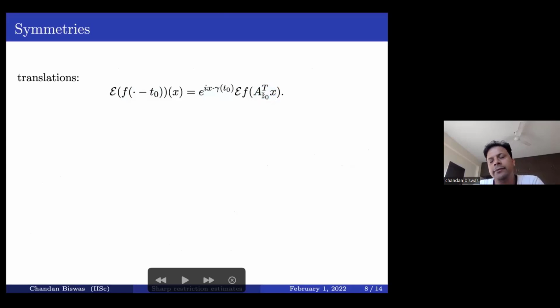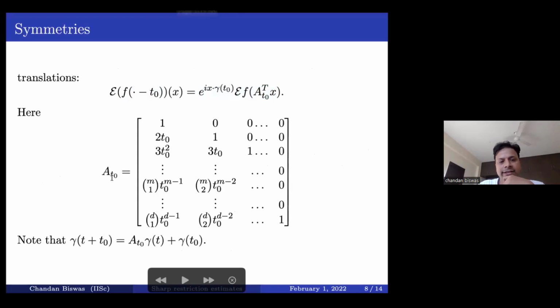Here A_{t_0} is a d by d invertible lower triangular matrix with ones on the diagonal. In particular, its determinant is 1, so this does not change the L^q norm of the extension of f. So here A is this matrix: you have 1 on the diagonal, and everything above the diagonal is 0.